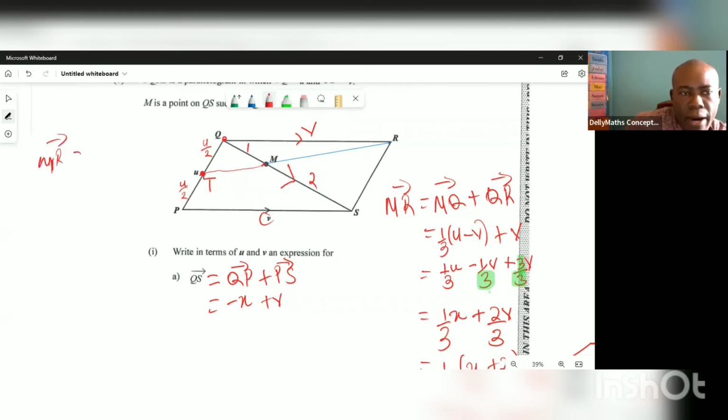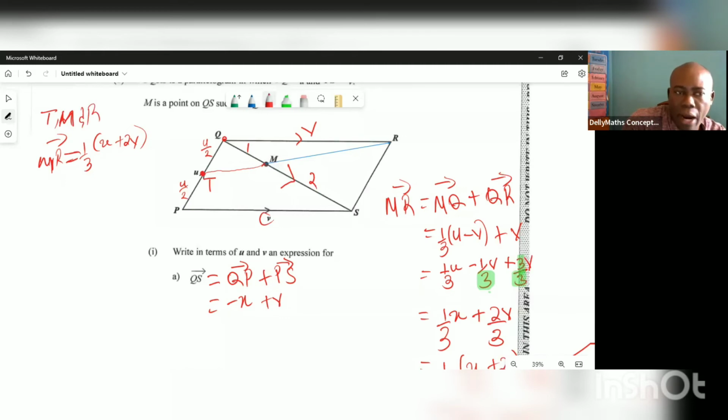Let's write down what our MR is. It is 1/3 U plus 2V. And so we have MR. Now we can find TR, because whenever you're going to prove collinearity between the points T, M, and R, we just want to get two vectors that have a common point.